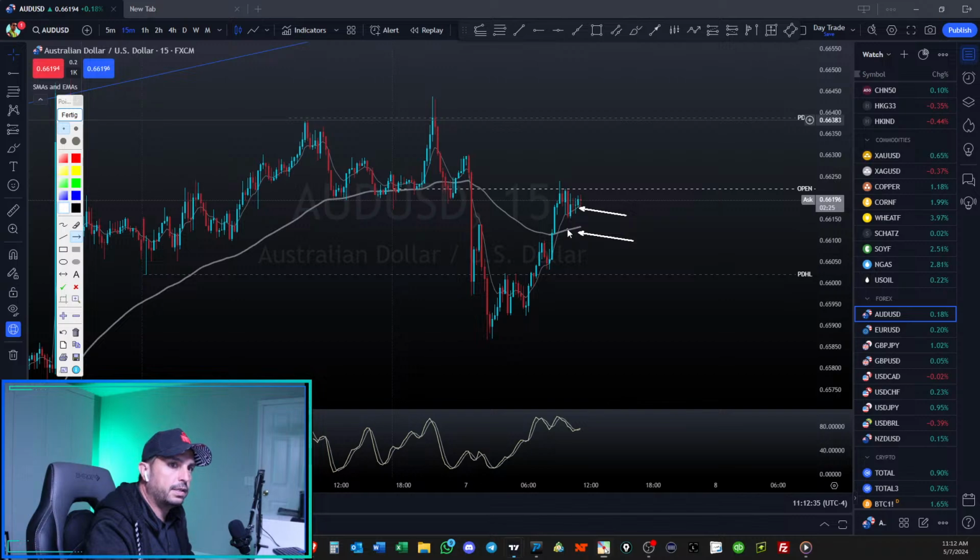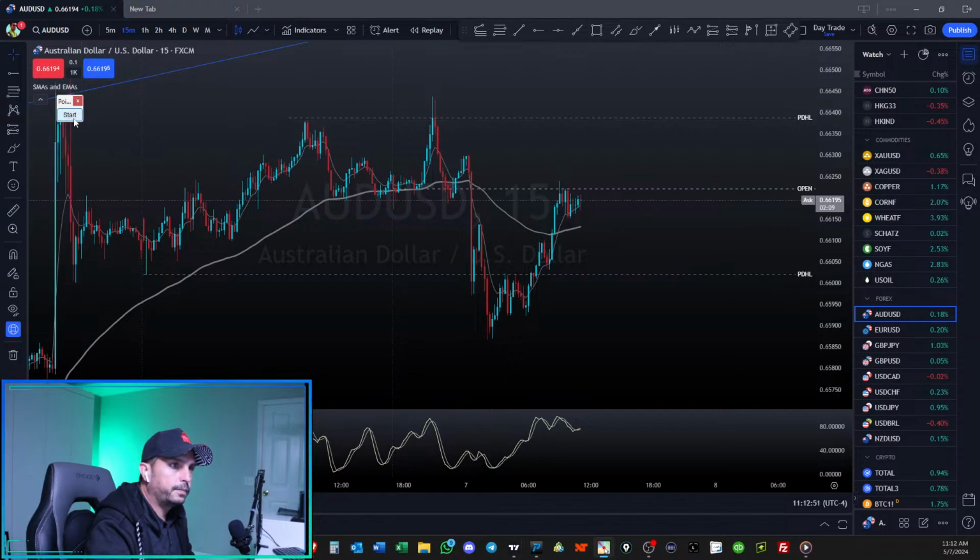The price is above the 80, so that means we're looking for longs. The stochastic is pretty high, consolidating right there.